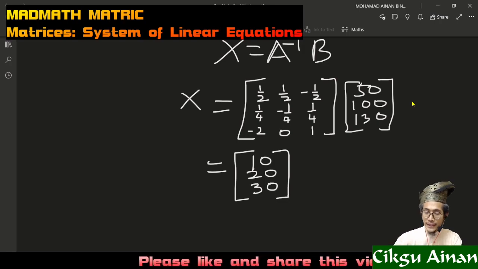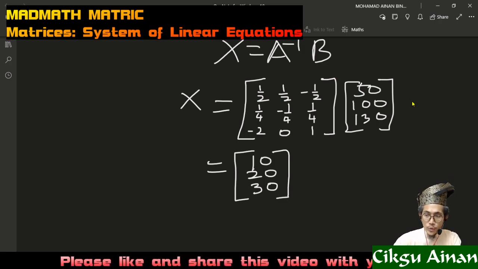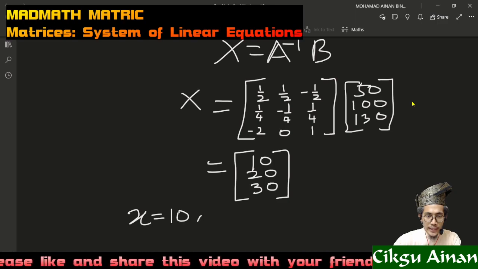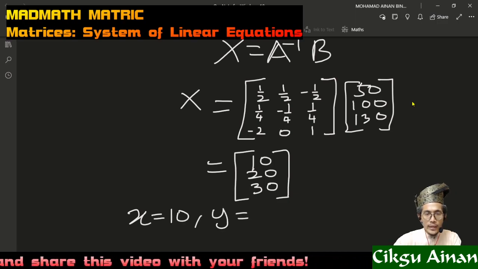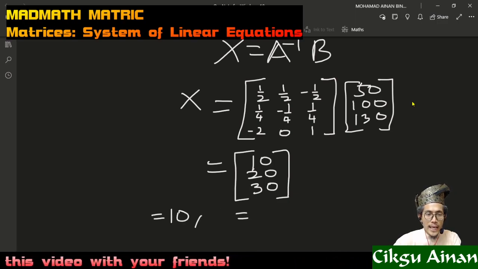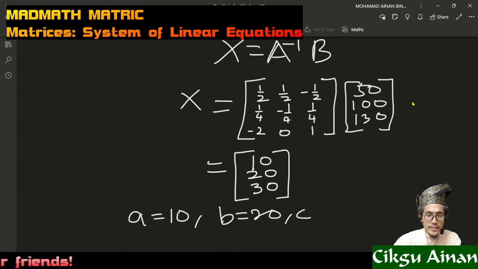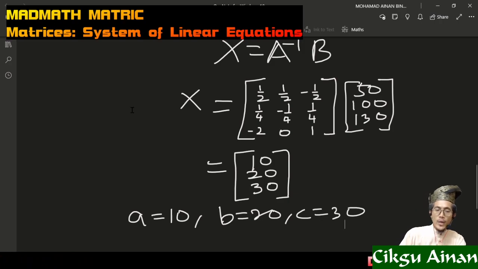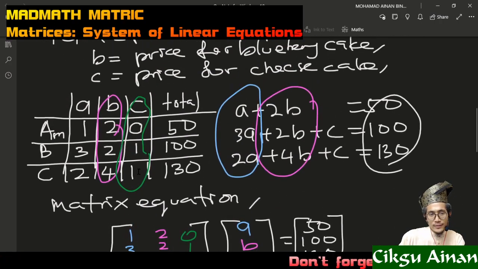We cannot just leave it like this. We also cannot write X equals 10, Y equals... sorry, A equals 10, B equals 20, and C equals 30. We must specify what A, B, and C are.